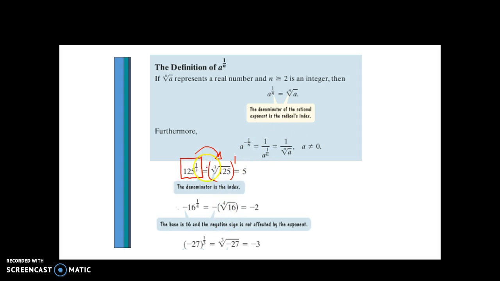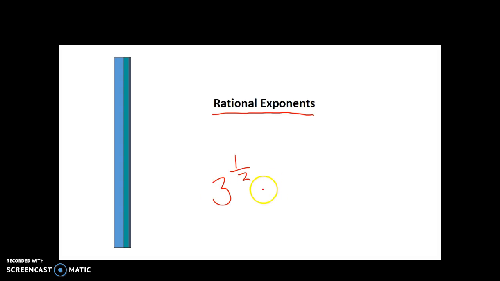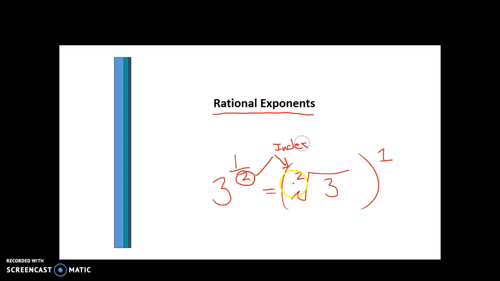Now, how we can do that, if I go back a slide, I'll just rewrite this, I'll put the square root in and I'll put the exponent in, even though we would rarely do that. What happens here is the denominator of your fraction becomes the index of the root. Now the index is the little number right here. If it's a square root, we never write that because it's so common, but it could be a cubed root or a fourth root or a fifth root or whatever.